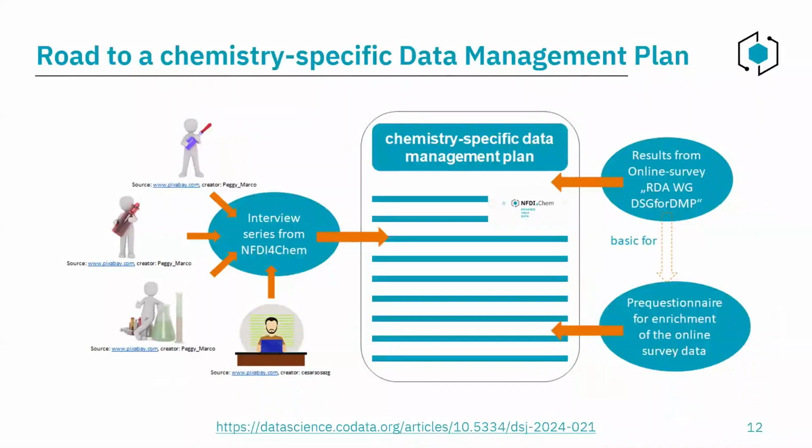And we took this online survey and the results as a basis for our questionnaire that we sent to researchers to collect some more information. And we did an interview series to collect all that. And all that information went into our template here.